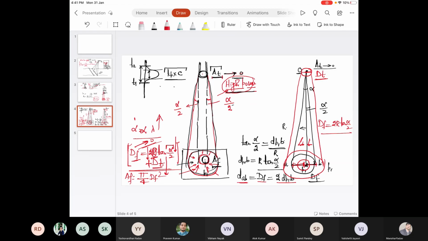I'm leaving this screen as it is so that once again you can go through this, and if you want to make notes on this, you can note it. You can make a note on how to calculate the diameter DF.